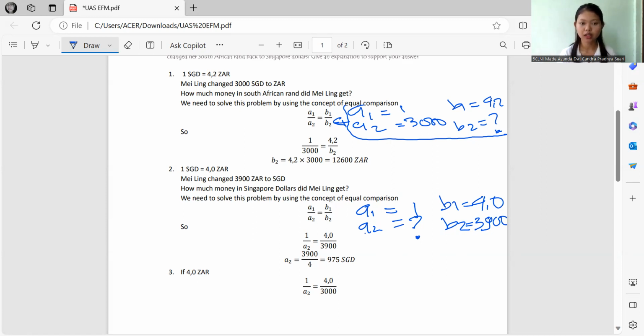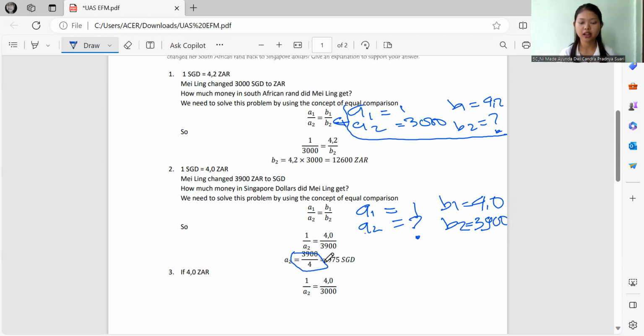So it will be 1 divided by A2 equal to 4 divided by 3,900. And A2 will be 3,900 divided by 4, and it will be 975 Singapore dollars. And how do we get this?